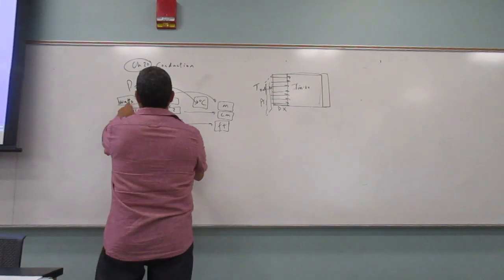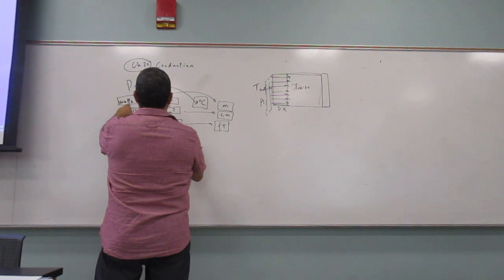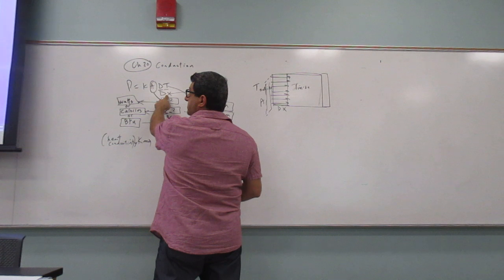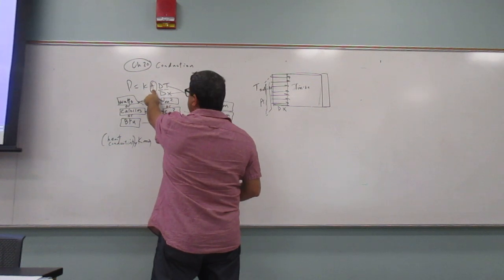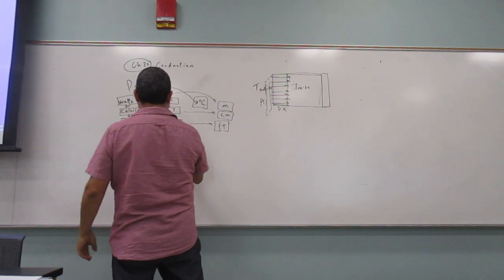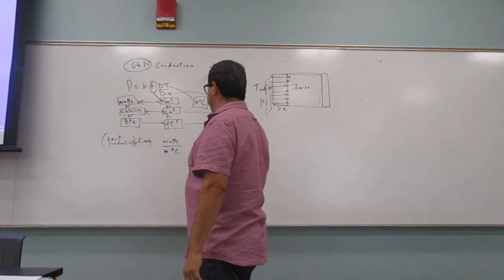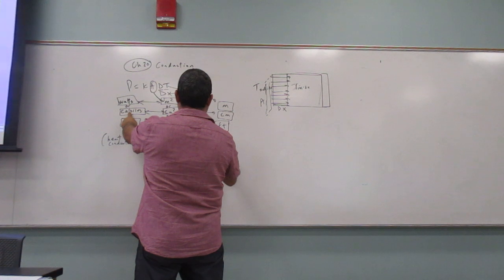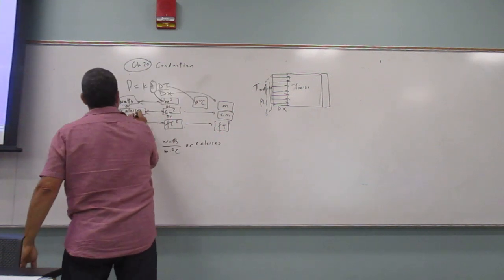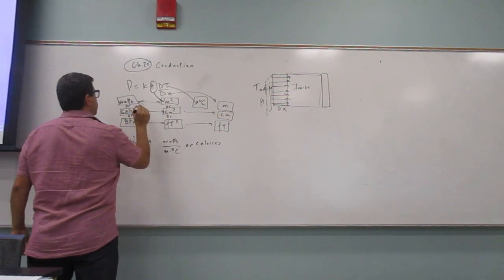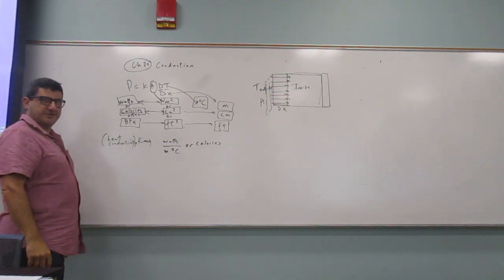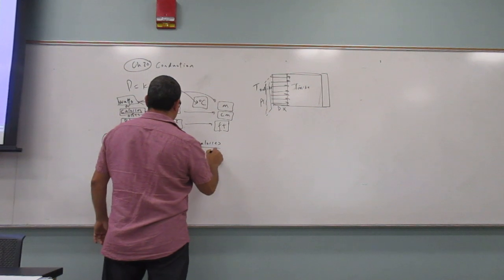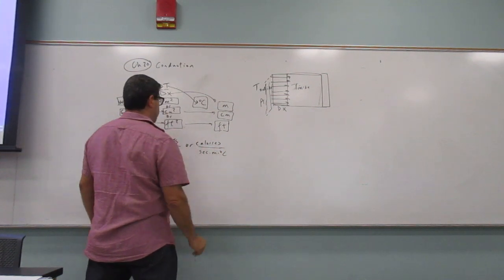So it could be watts per, and if this was meter squared, this would be meter, so that would be just meter. That would go down to the bottom: watts per meter Celsius. Or it would be calories. Sorry, this has to be calories per second, because calories is a unit of energy. So calories per second per meter Celsius.